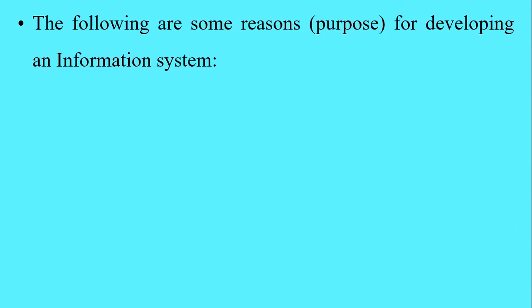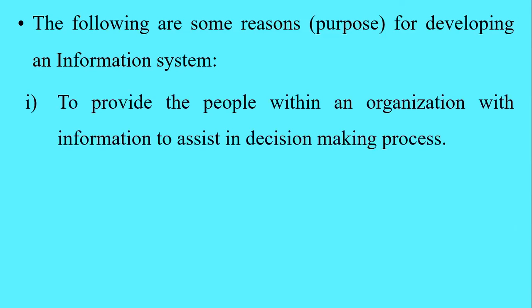The following are some of the reasons that can make an organization decide to develop an information system. Number one is to provide the people within an organization with the information that they can use in the decision-making process.